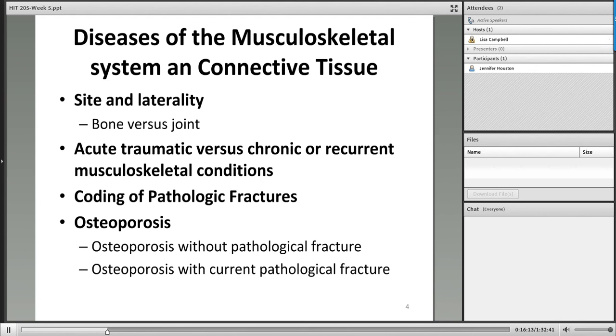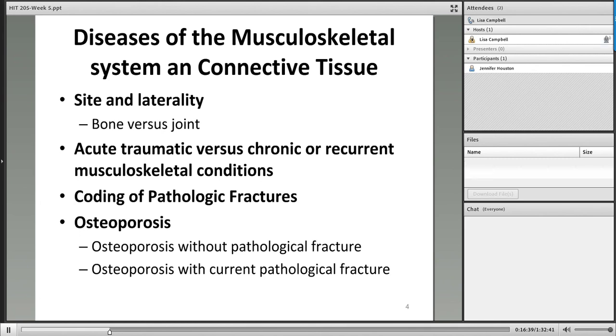So if you happen to be coding a scenario this week and it's an injury on the quiz, please know that your main term, yes, will be fracture, but under fracture, you want to go down to where it says pathologic as opposed to traumatic, because pathologic will get you into the M codes. The traumatic will get you into the codes that start with the letter S.